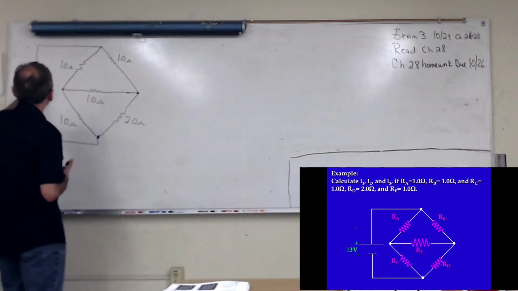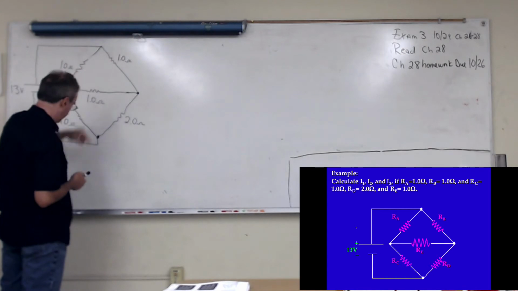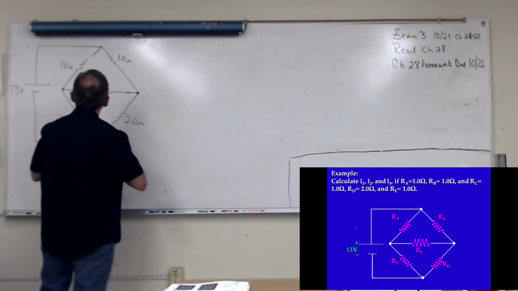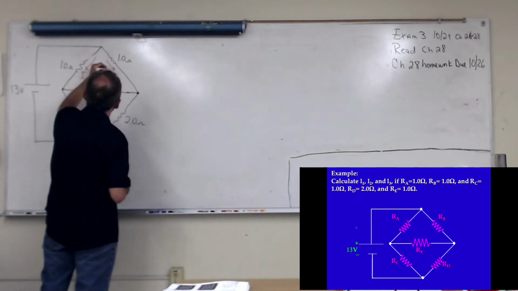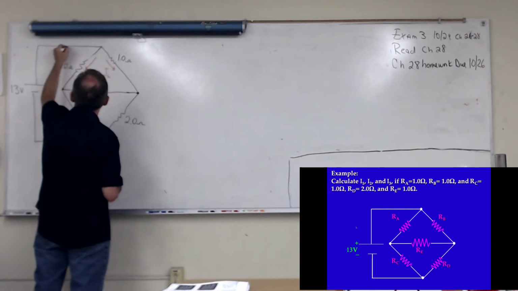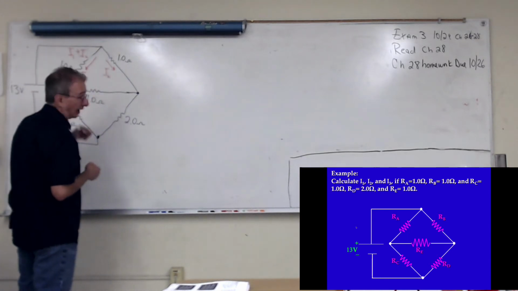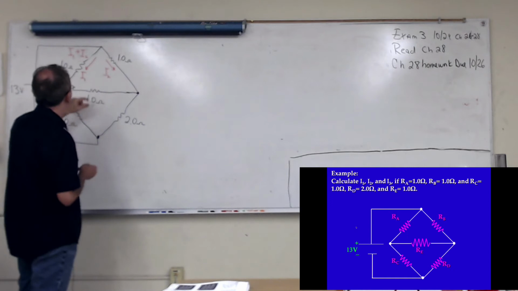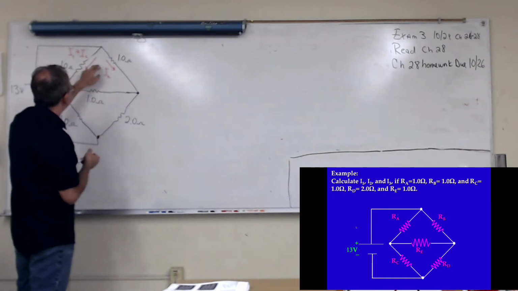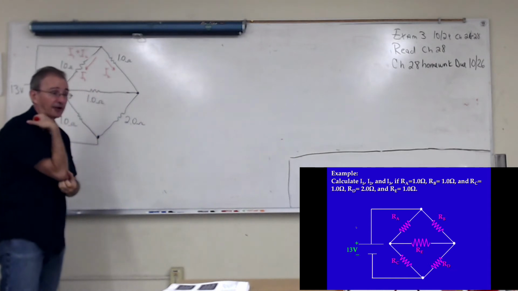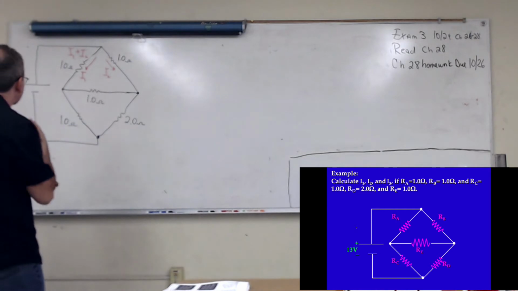So I'm going to assume current's going to go this way, and it's going to split here into I1 and I2. So this is I1 plus I2. You can call it I, but I like calling it I1 plus I2 because I know that the sum of these two is the current through here. Now what about when we get to this point?